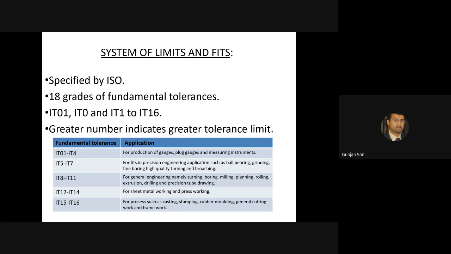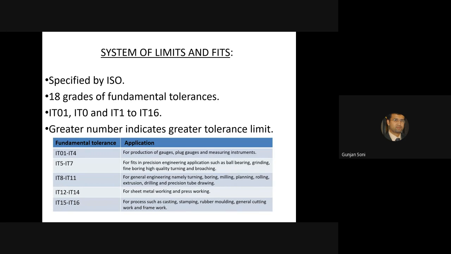IT01 to IT4 fundamental tolerance is applicable on gauges, plug gauges, and measuring instruments. That basically means that you are designing standards. You make the standards using the gauges, right? So the gauges have the closest form of tolerances which you can get.